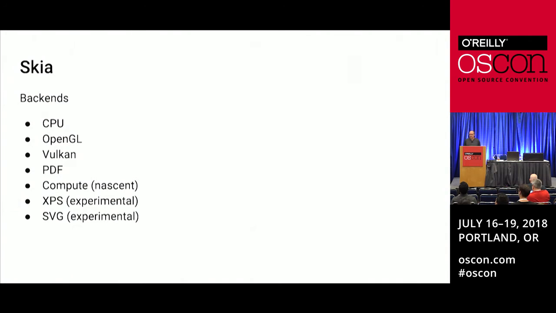One is just the CPU, so we just use the CPU to do rasterization and draw that way. But we also have an OpenGL backend. We have a Vulkan backend, a PDF backend. We just landed, very early days, a compute backend. That is still very, very, very early days. We also have experimental XPS and SVG backends.